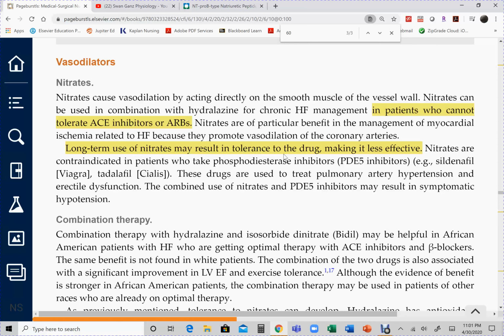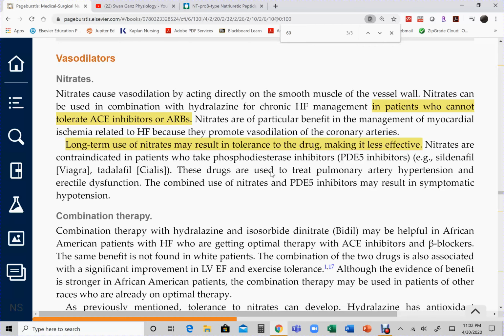That's why, especially with the ointment, it will be on only during the day, and it has to be taken off at night for at least 10 hours, so the patient doesn't get any nitrates and doesn't develop tolerance.